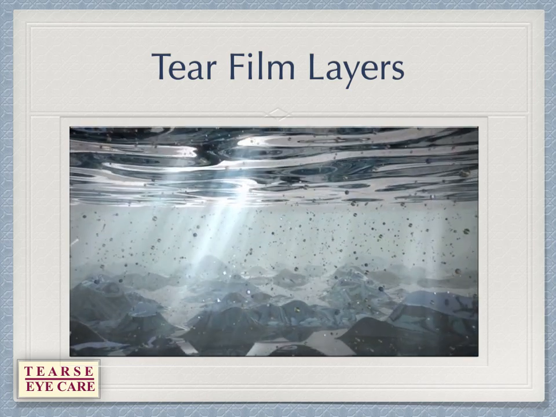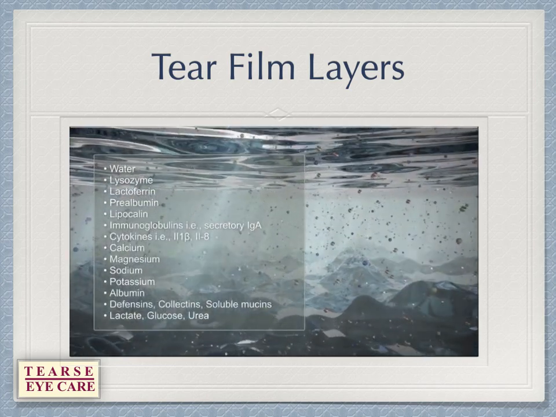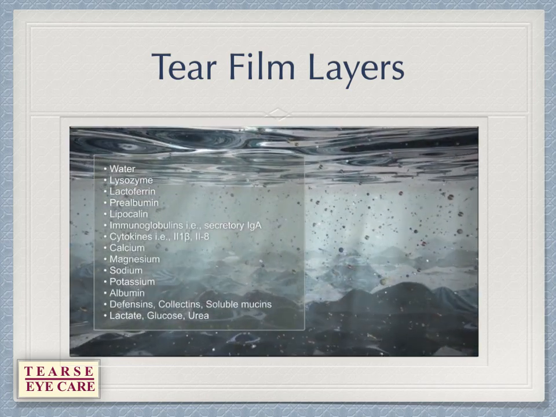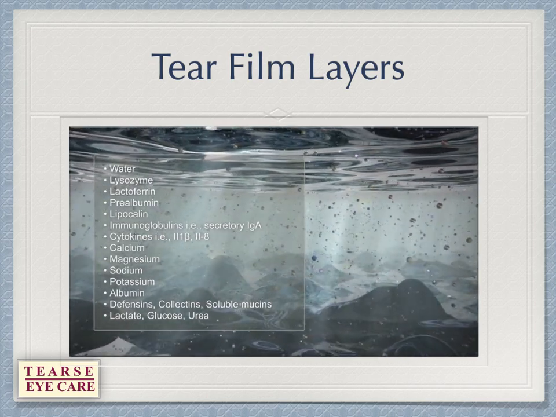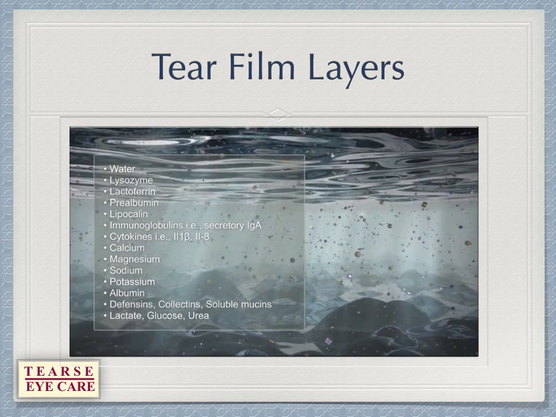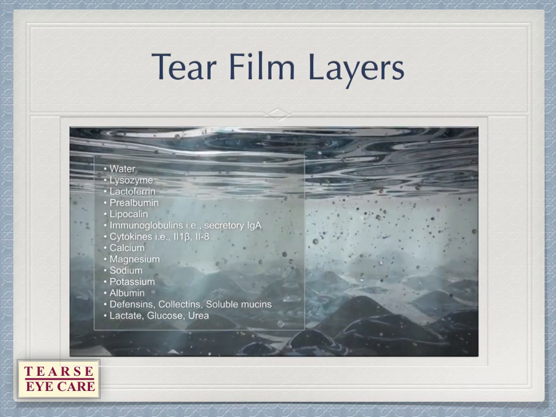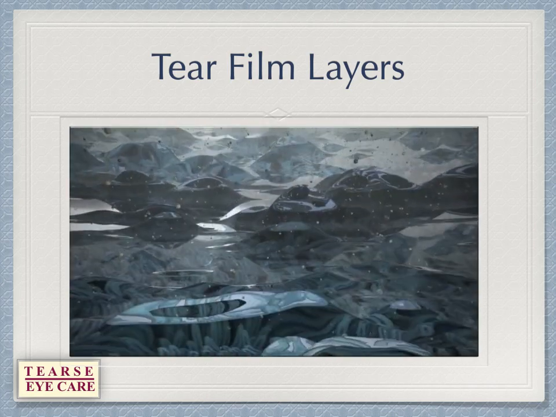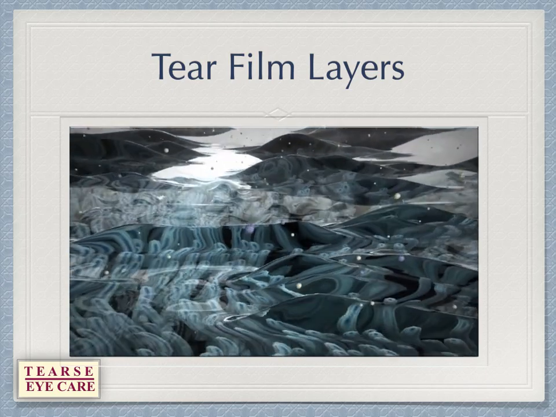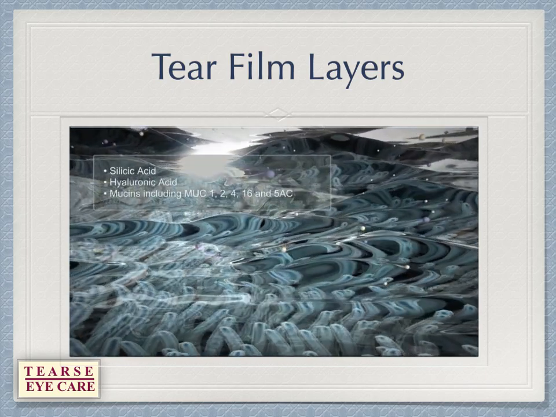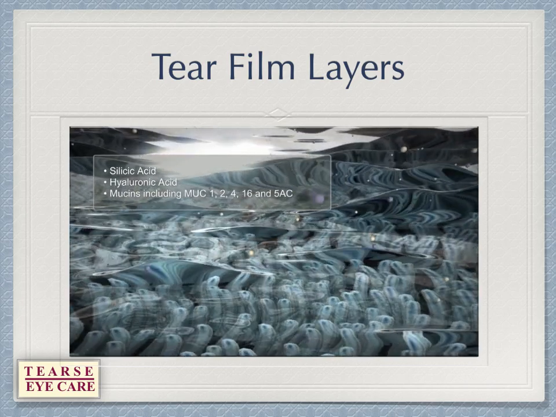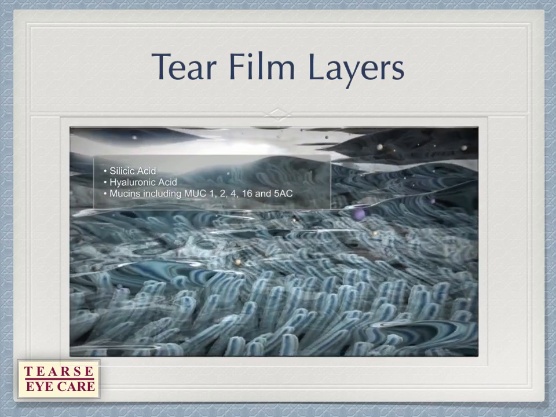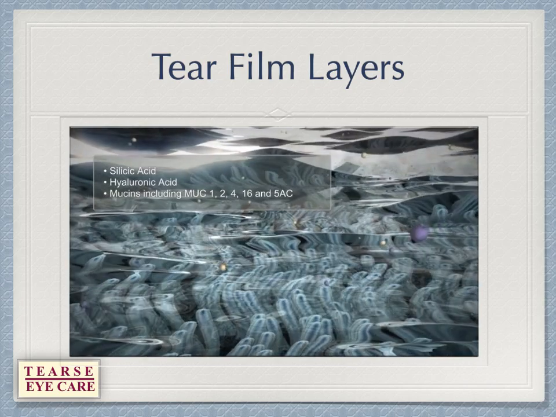The middle aqueous layer contains numerous essential nutrients supportive of the ocular surface environment. It is water-based and includes components such as lysozyme, immunoglobulins, sodium, and some soluble mucins. The mucin layer components include silicic acid, hyaluronic acid, and mucins such as MUC 1, 2, 4, 16, and 5AC.